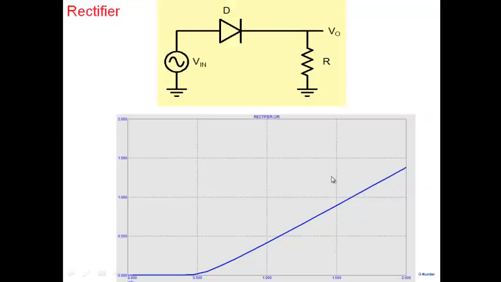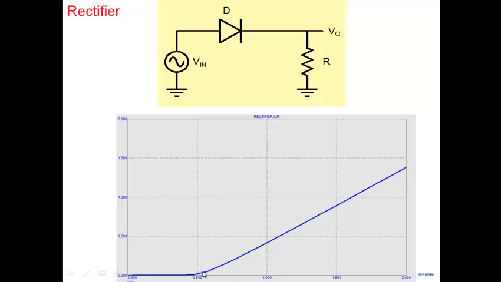So a very simple rectifier circuit, of course, is you take a diode, half-wave rectifier here, a diode and a resistor, and if we plot V0 versus V in, these are simulation results from Microcap. We see that the output voltage is very small. The diode starts conducting only when the input voltage becomes larger than a certain value, 0.6 or so. And so what we see here is that the output voltage is 0.